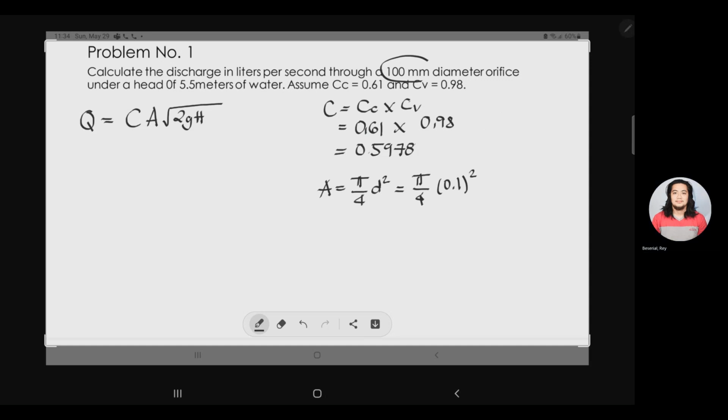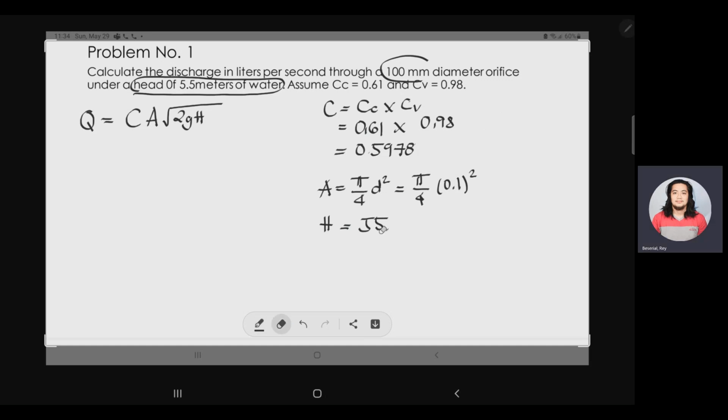Tapos yung h natin is yung head of water. Meron tayong value na 5.5 meters. Yung G is yung ating gravitational pull na 9.81.